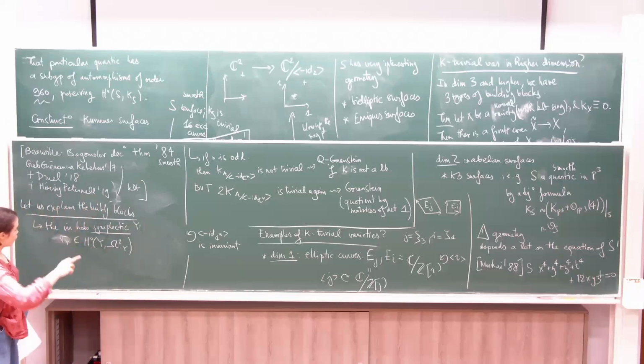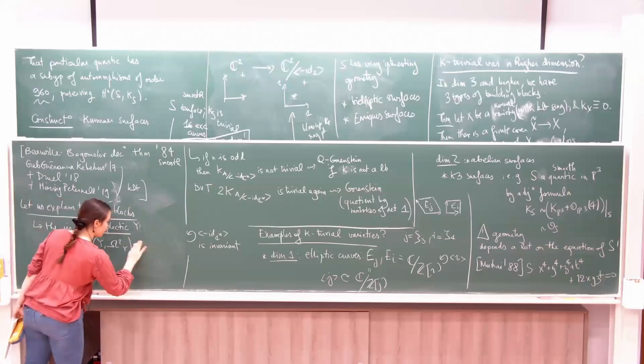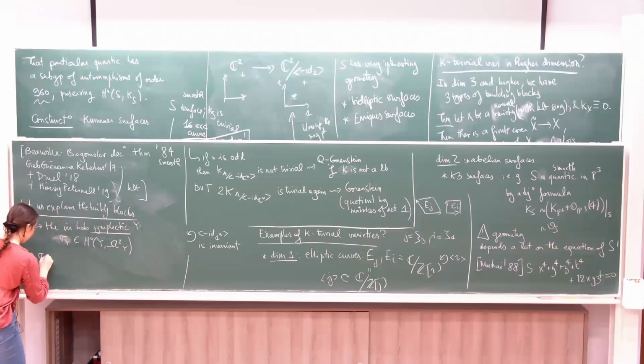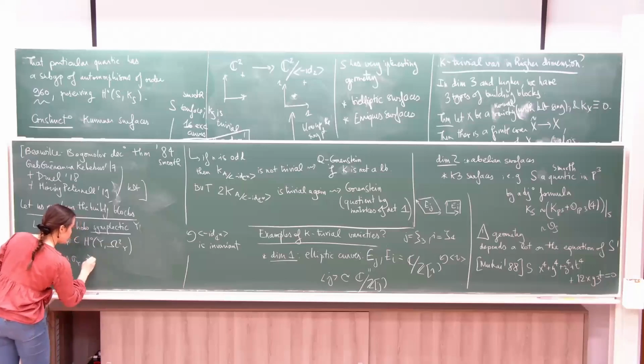And your K-trivial from K_Y actually comes from sigma_Y. When you wedge it with itself enough times, you get the volume form we talked about first. You might say, of course, on an abelian surface, you already have a form like this. The thing that's special in the irreducible holomorphic symplectic case is that you have this form here that's symplectic, and sigma_Y wedge sigma_Y enough times is nowhere 0.